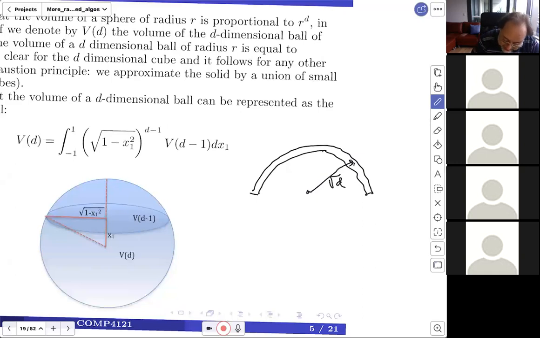So most of the mass is here. Even though this is a thin shell, what's inside is of negligibly small mass as the dimension increases.